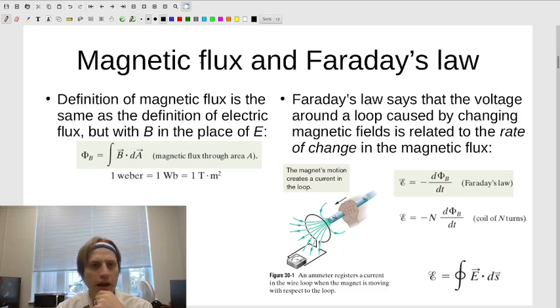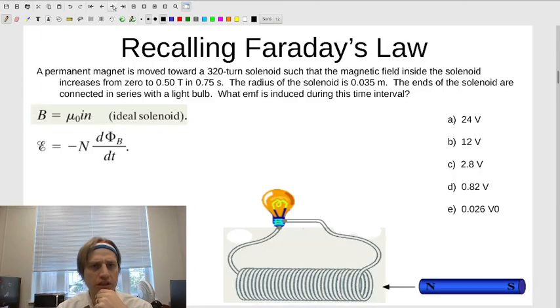Okay? And so, to get today started, let's look at a problem that reminds us how Faraday's law works. In this problem, a permanent magnet is moved towards a 320 turn solenoid such that the magnetic field inside the solenoid increases from 0 to 0.50 Tesla.